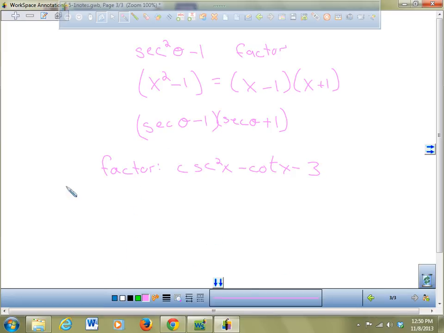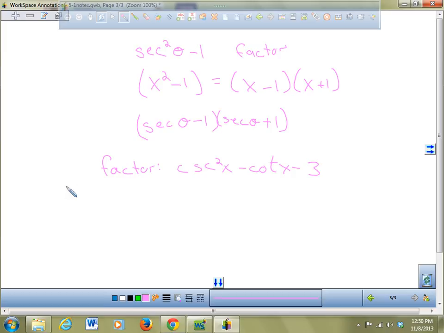Do you see one of these identities up here on the board that I might be able to use to change a cosecant into a cotangent? You want to change cosecant squared.